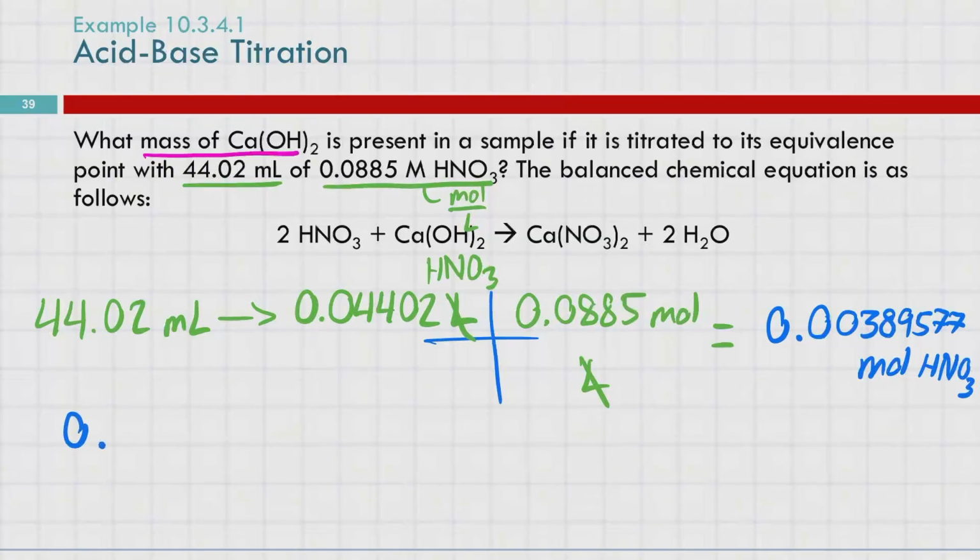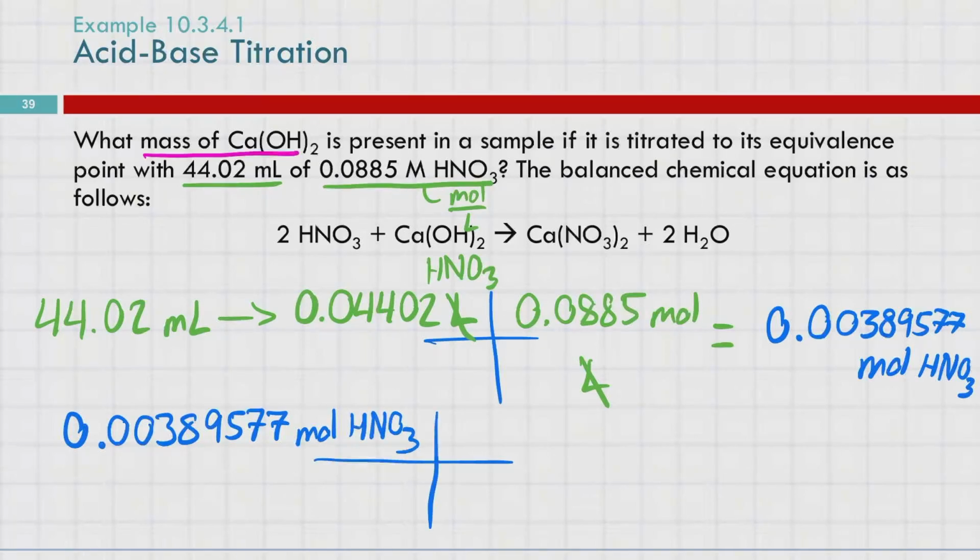So if we want to get to calcium hydroxide, what do we need to use? Yes, we need to use the ratio. And our ratio here is 2 to 1. We need to use 2 nitric acids, 2 HNO3s.